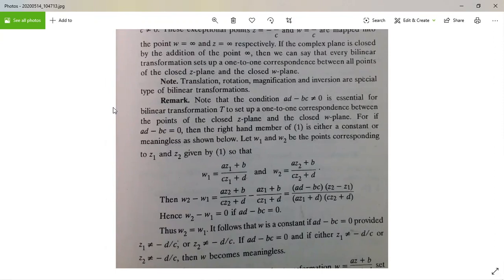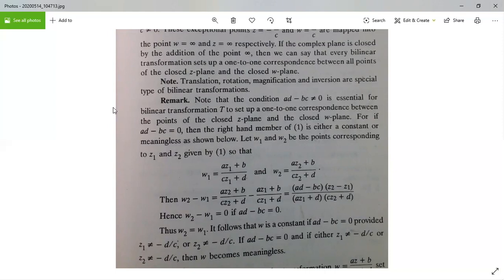Note that the condition AD minus BC not equal to 0 is essential for bilinear transformation. Therefore, we can say that T sets up a one-to-one correspondence between the points of the closed z plane and the closed omega plane, for if AD minus BC equals 0, then the right hand member of 1 is either a constant or meaningless, as shown below.